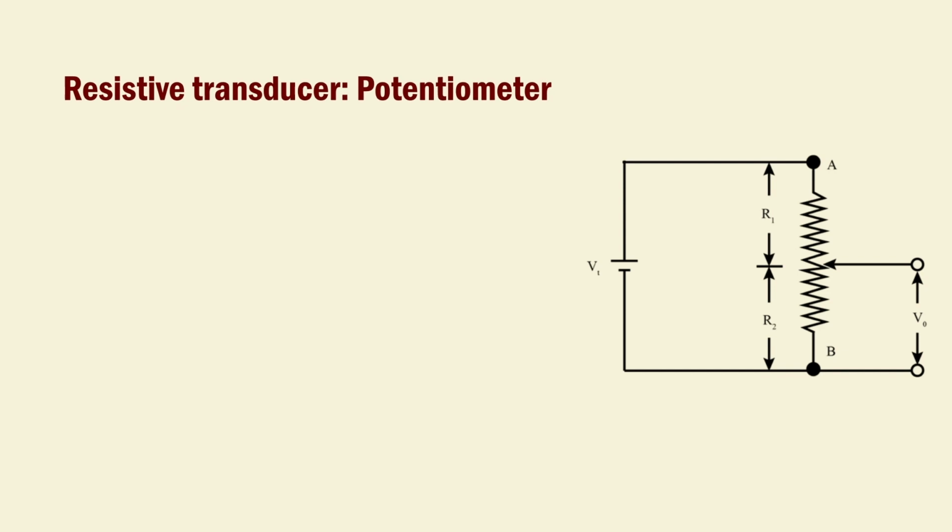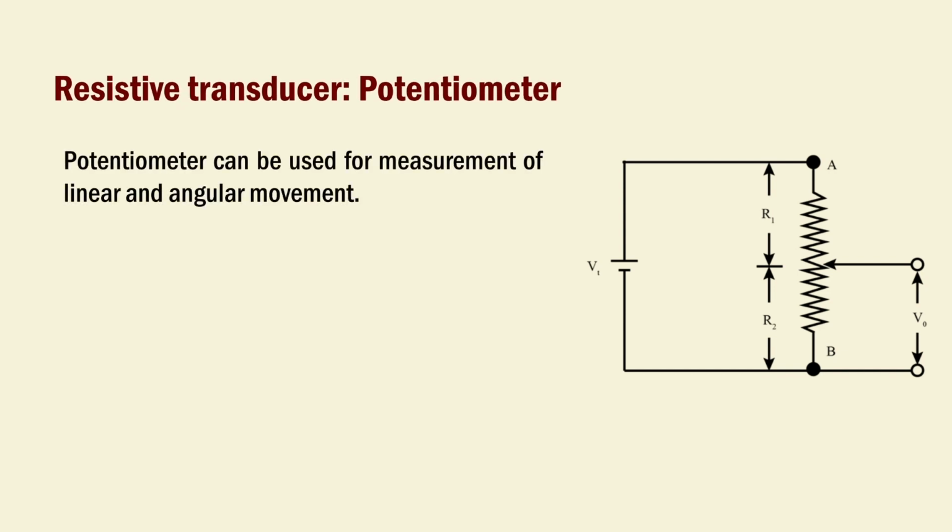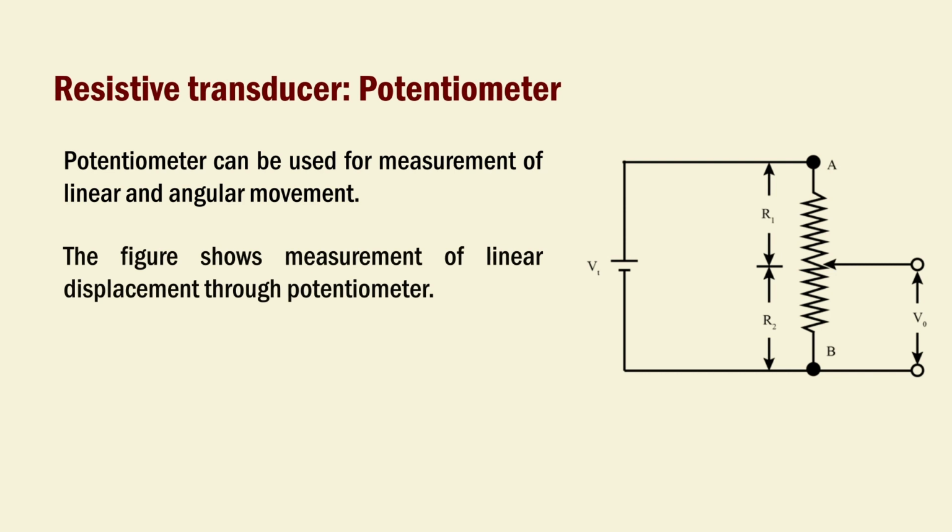Now, the next transducer in the category is potentiometer. The potentiometer can be used for measurement of linear and angular movement. The figure shows measurement of linear displacement through potentiometer.